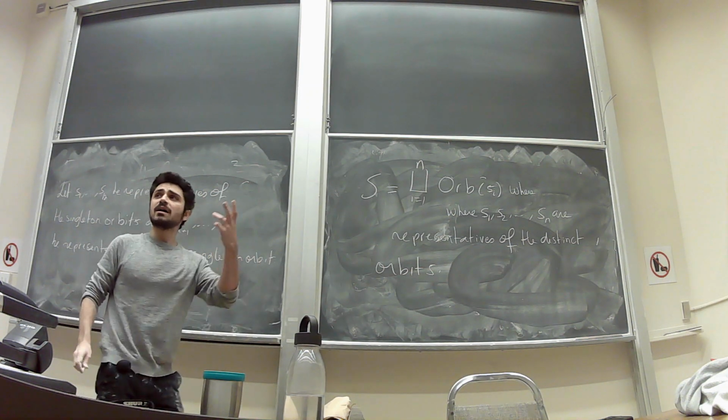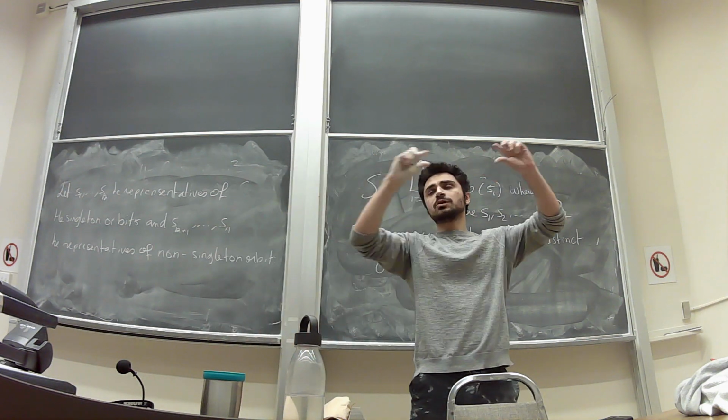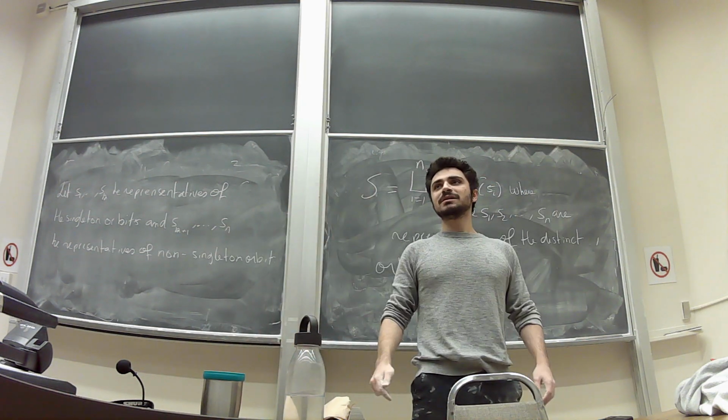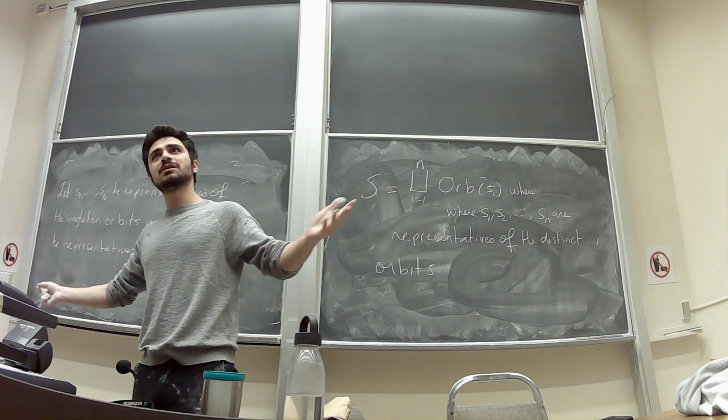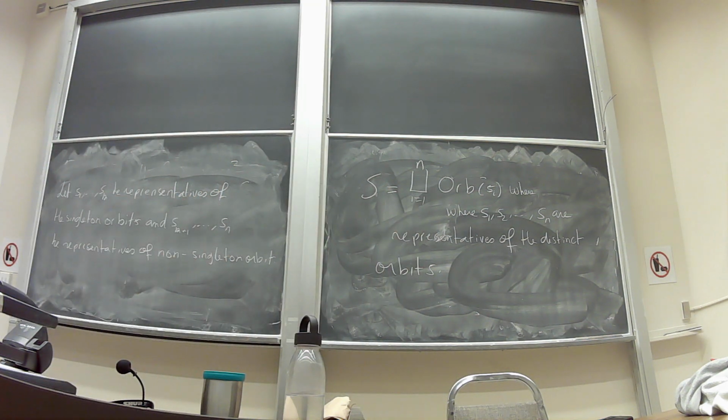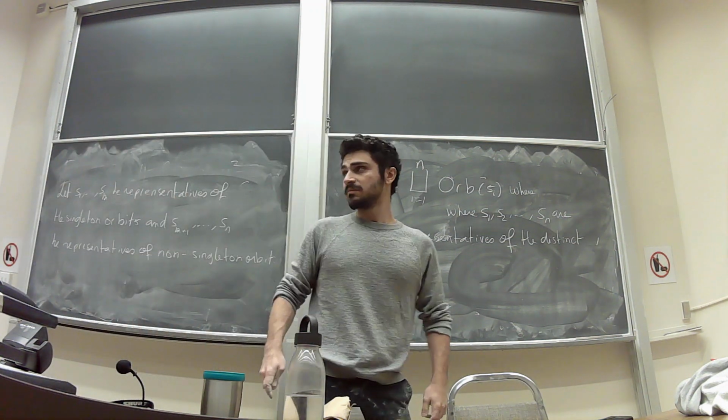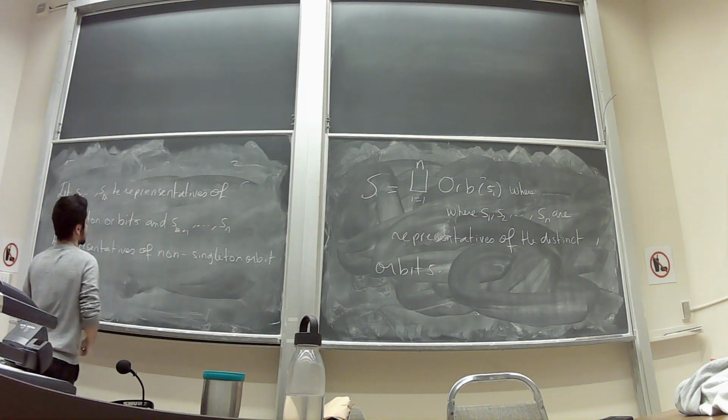Of course, I know I have an orbit that is a singleton. If you take the vector of the identity, identity, identity p times, this is invariant. Apply any permutation, it's invariant. Agree? And the product of the identity p times is also the identity. So I know that I have a singleton orbit here.